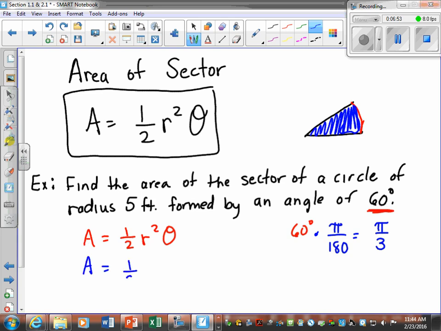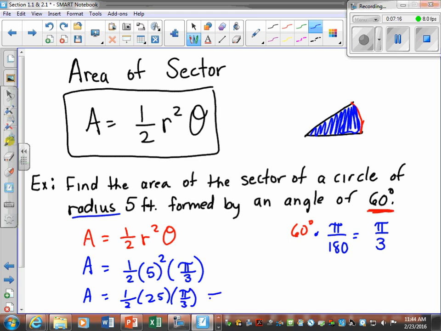Area is equal to 1/2. My radius is 5, it's given right here, squared. And angle theta in radians is pi over 3. Now we can simplify this and we would have 1/2, 5 squared is 25, times pi over 3. Plug all that in and simplify.